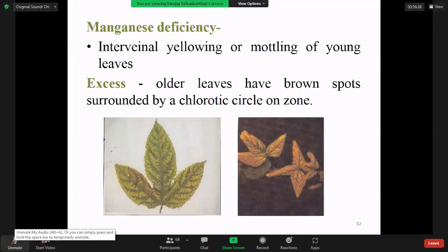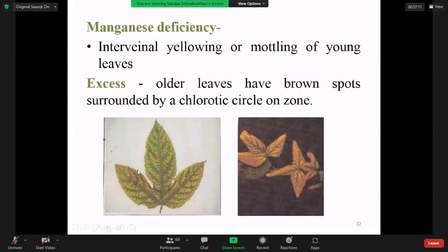Sorry, manganese. What is the function of manganese? It is important for enzymatic reactions and activates enzymes for metabolic activities. The deficiency symptoms are interveinal yellowing or mottling of young leaves.